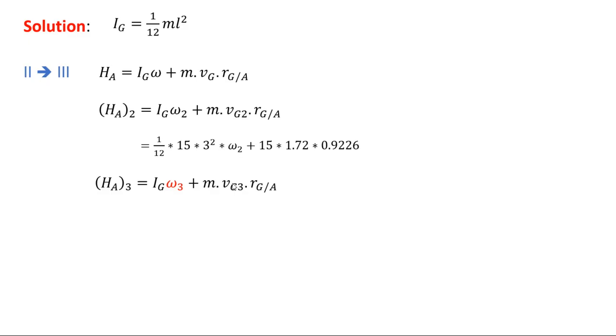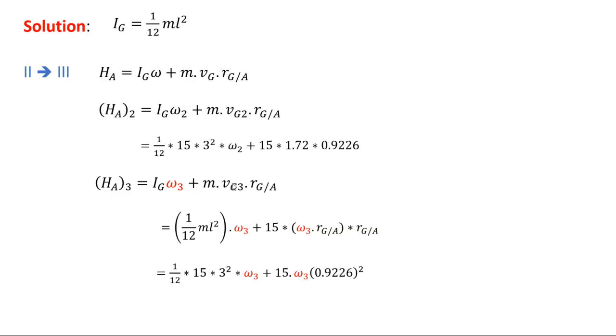It should be equal to a value. I haven't calculated that one yet. Anyway, here we substitute the VG3 by the omega 3 multiplied by the RGA. Thus we're going to find the value for the second side, the HA3, to be equal to the Ig multiplied by the omega 3 plus the 15 multiplied by the RGA square multiplied by omega 3.